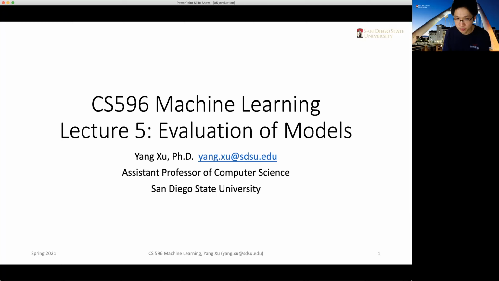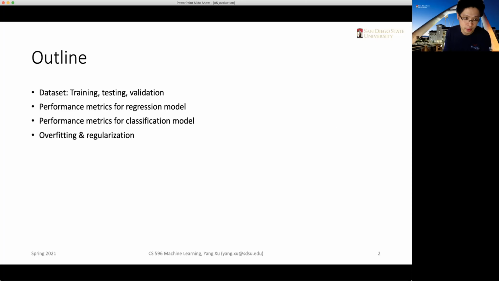factor here. So the concepts that we will cover today include basically how we split the data sets into several folds, including the one used for training, one for testing, and for validation.